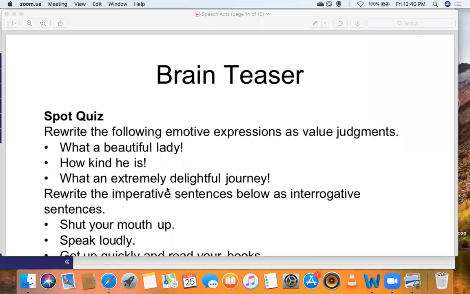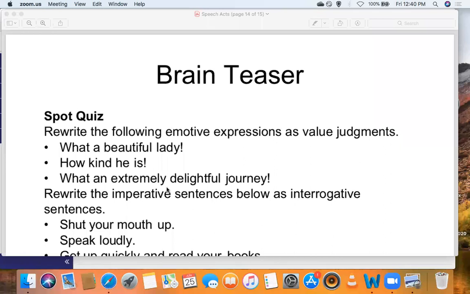Now, when you are converting, you make sure you don't add anything that is foreign to the sentence. Just make the changes that are necessary for the conversion, but don't make any further changes. So how kind he is, to read as a value judgment, it will read how he is what?